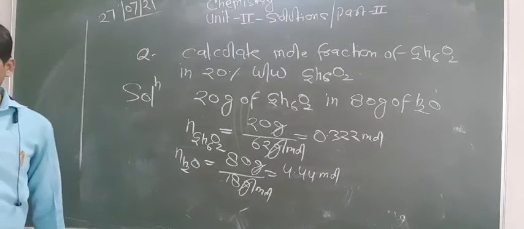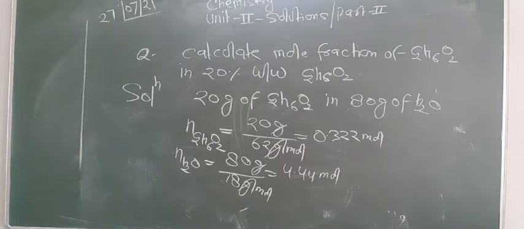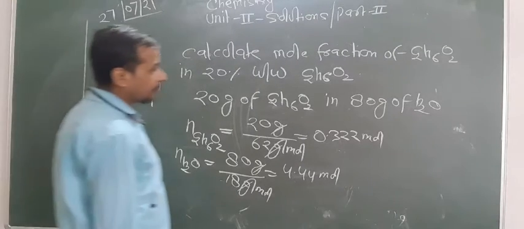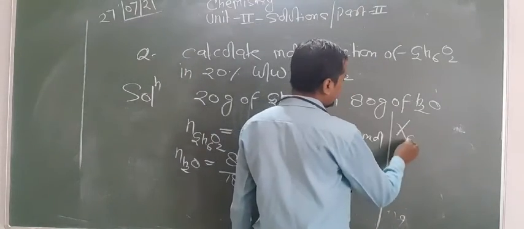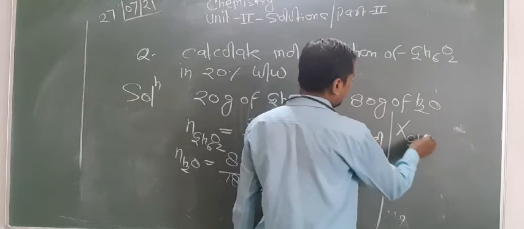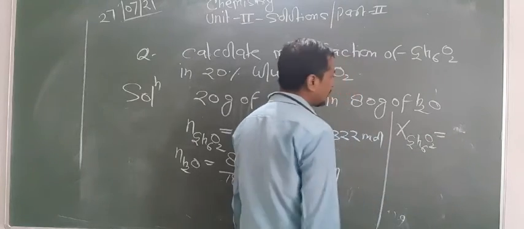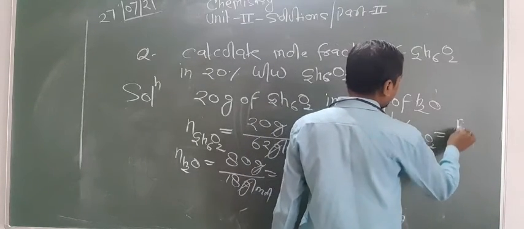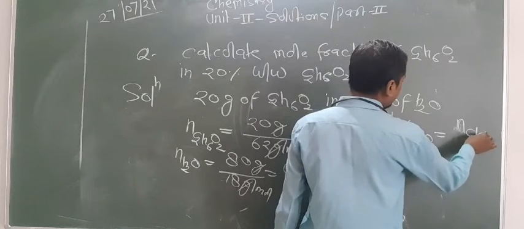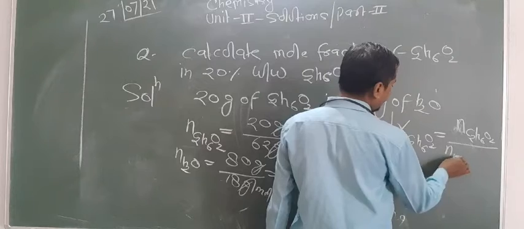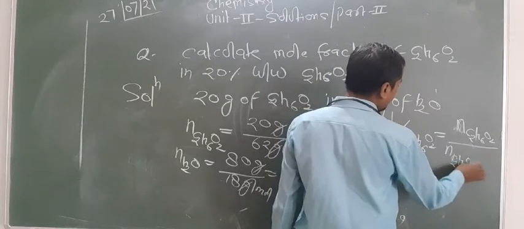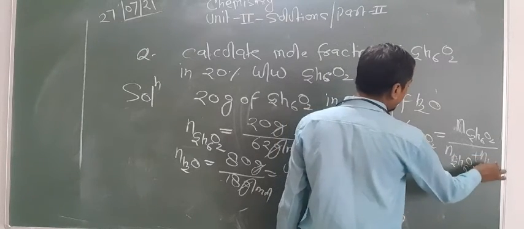Any doubt here? Now we have to find the mole fraction of glycol. The mole fraction of ethylene glycol, C2H6O2, is equal to the number of moles of glycol divided by the number of moles of glycol plus the number of moles of water.